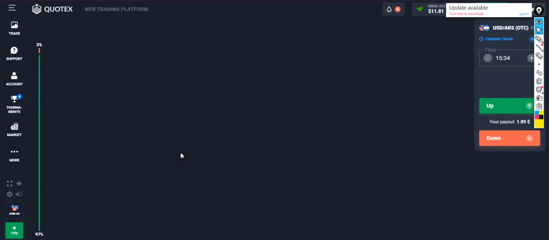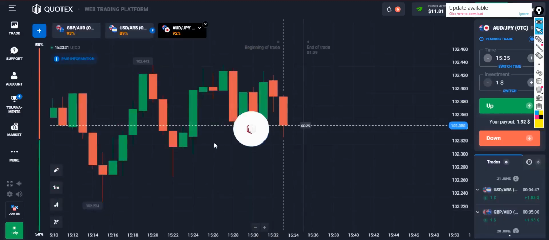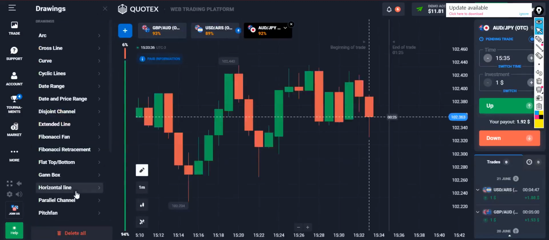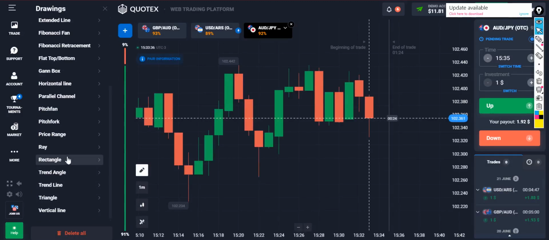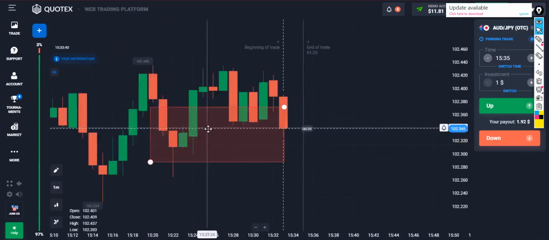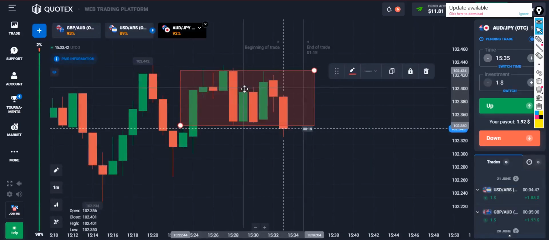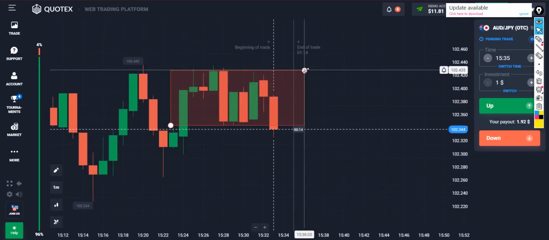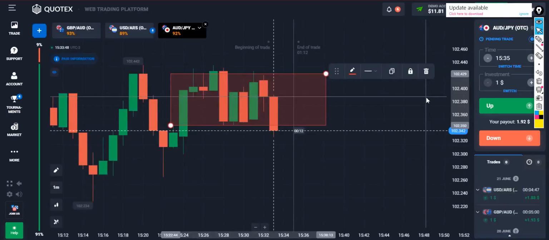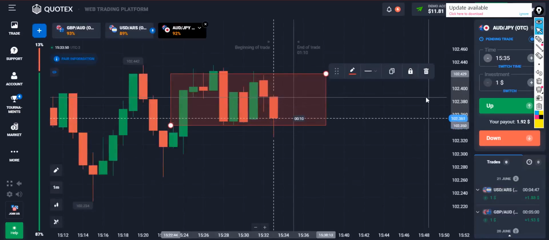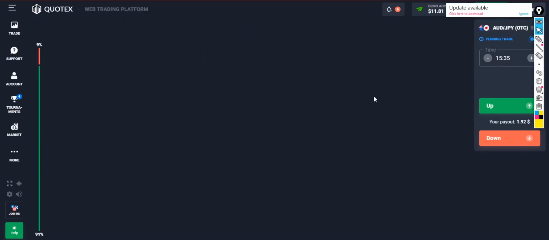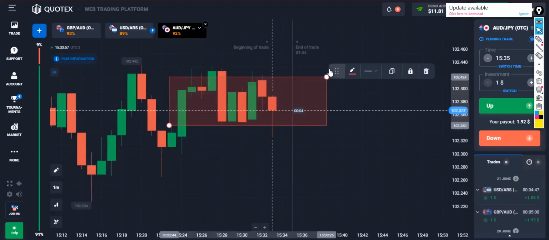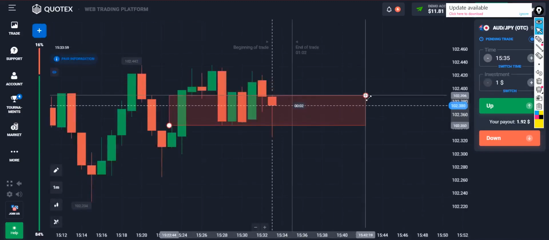In the meantime, let's see AUDJPY. AUDJPY has a fair value gap right here. I don't think we will have the chance to use it because the market has already filled up this fair value gap.